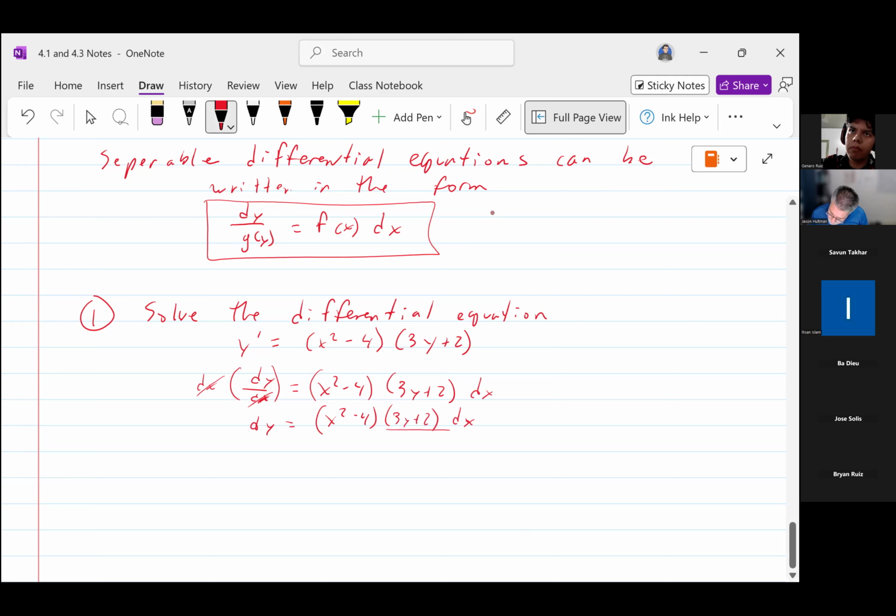Now let's divide by the function of y here, 3y plus 2. And we have separated one side of the equation to involve only y's, and the other side of the equation to involve only x's.